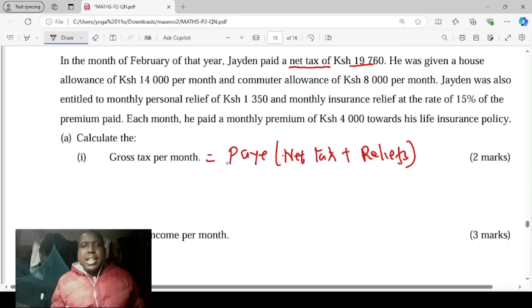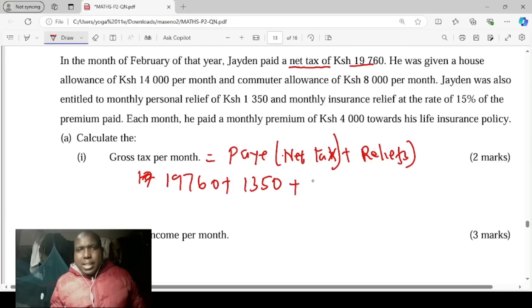So if we change it, it becomes gross tax plus relief. Here we have the reliefs, so this one will be pay, that is 19,760 plus 13,500 plus 15% of 100 times premiums, which is 4,000.